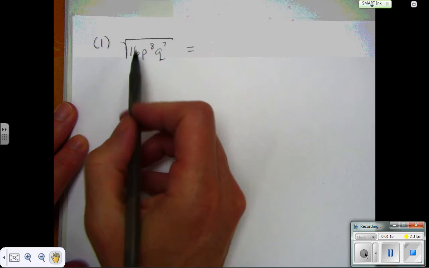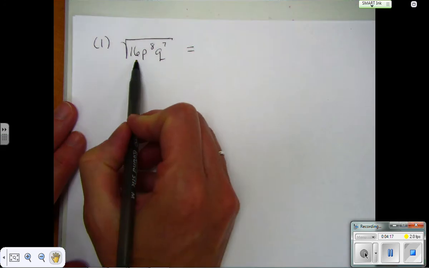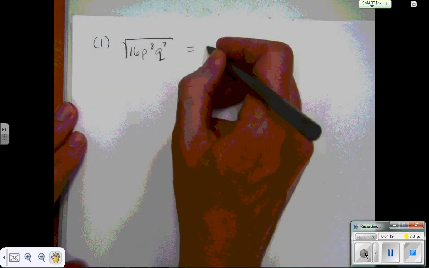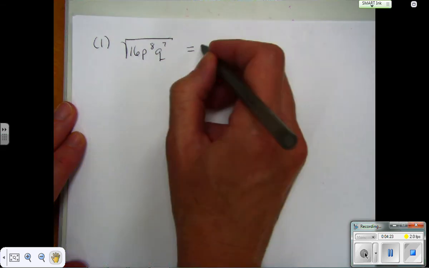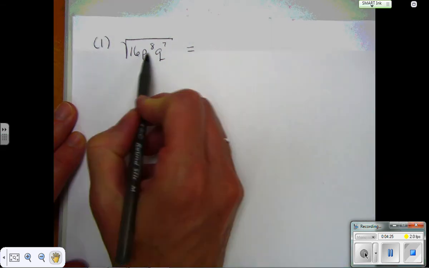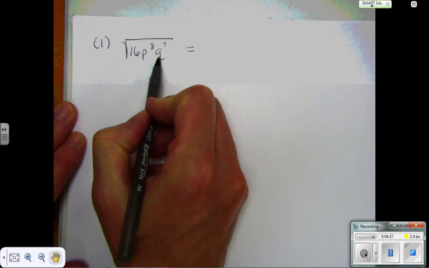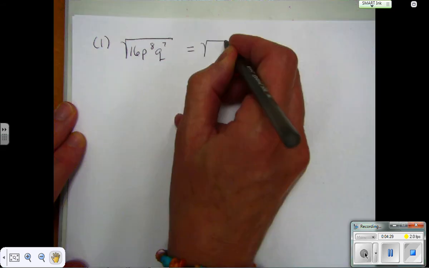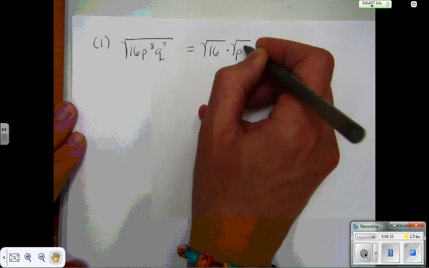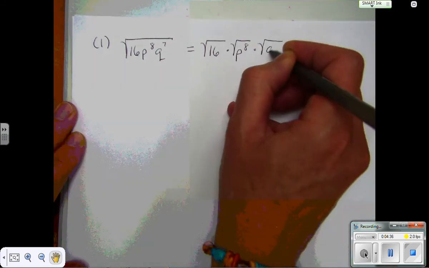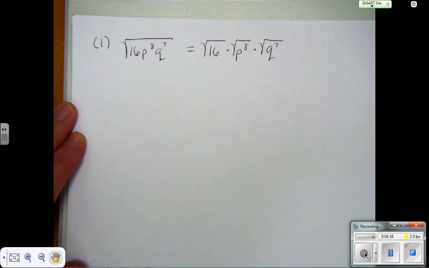So I'm going to take the square root of 16, which is 4. You know what we could do? Let's break it up. I'm going to separate each one of these factors into its own little radical. So I have the square root of 16 times square root of p to the 8th times square root of q to the 7th. And that might make it a little bit easier to look at for some of you because we're just going to take each root.